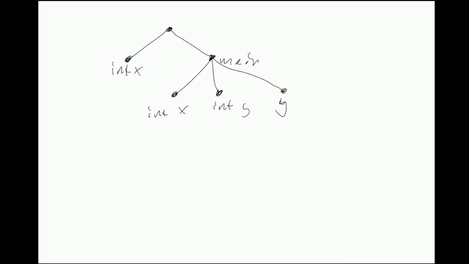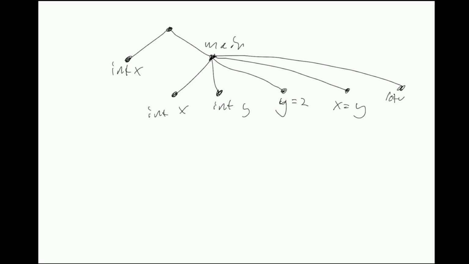Here's y equals 2, and x equals y, and then return is mandatory according to our grammar.